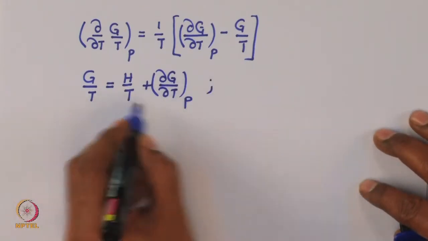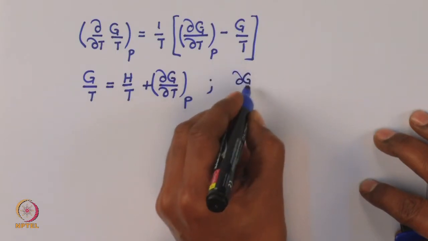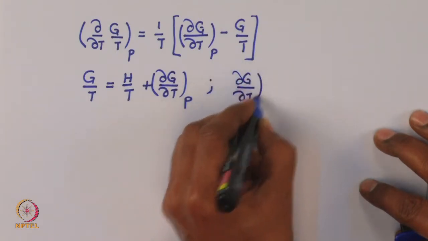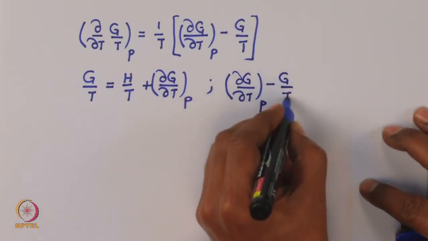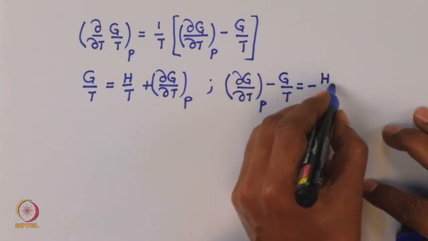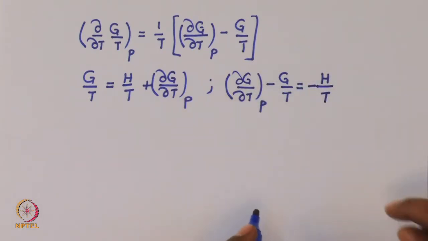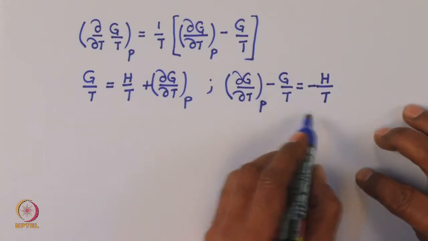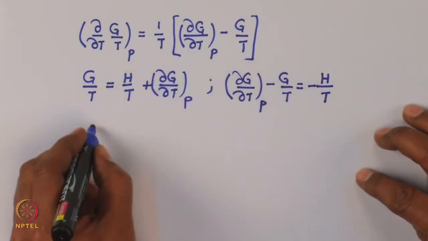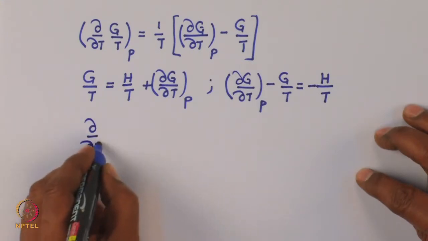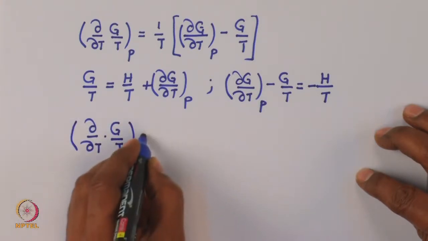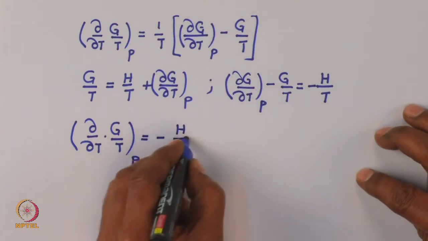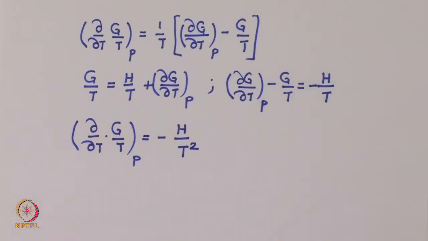From this I can write that derivative of G with respect to T at constant pressure minus G by T is equal to minus H by T. Now, this can be substituted over here, and what I have now is this expression. This is Gibbs-Helmholtz equation.